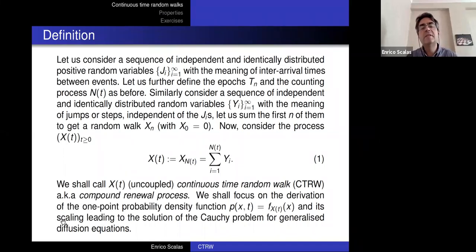And then we are interested in rescaling this probability density function and showing that this is the solution of the Cauchy problem for generalized diffusion equations. But today we will focus on the diffusion equation itself. So we will make the connection between this kind of continuous time random walks and the diffusion equation after rescaling the random variables appropriately.